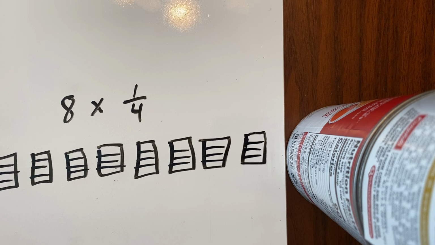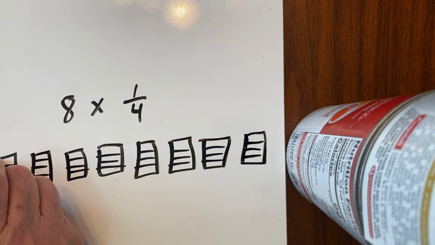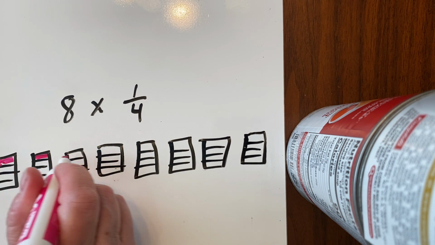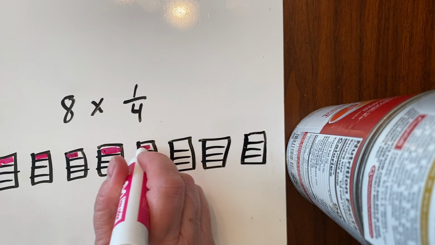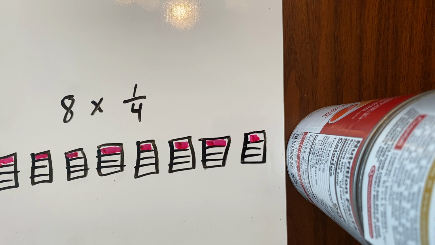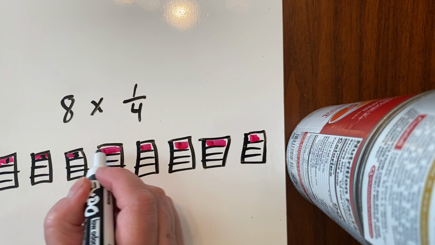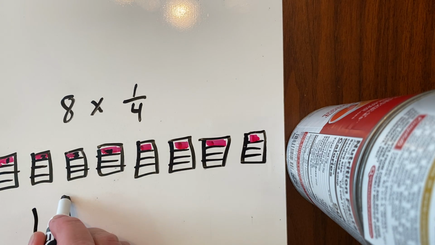All right, then I'm going to come through and shade in one of the fourths on each of these. So I've got this one shaded in, this one, this one, this one, this one, this one, this one, and this one. Then I'm going to combine them to make ones again, to make the cylinders. So this one is 1, 2, 3, 4. So I can do a cylinder here, 1, 2, 3, 4.